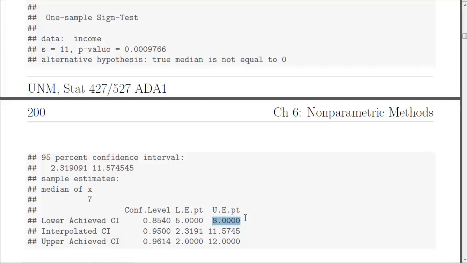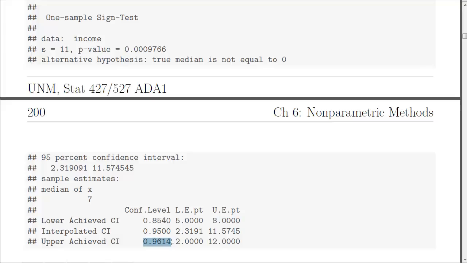So it's those 2 bounds that we observed in our data that can give us an 85% confidence interval. If we expand those by 1 observation, so go from 5 down to 2 and go from 8 up to 12 in our data, then that next sized interval based on our observations grows to 96.1.